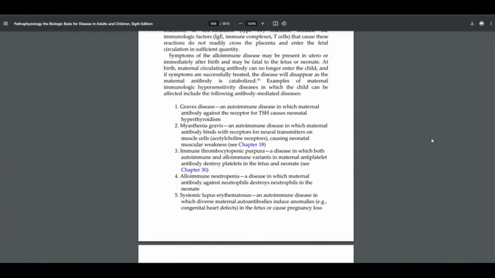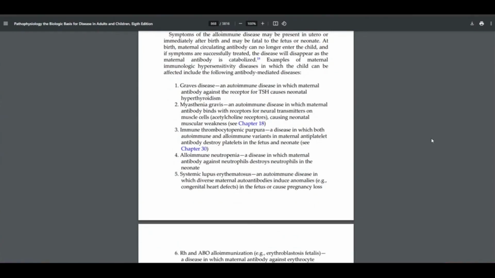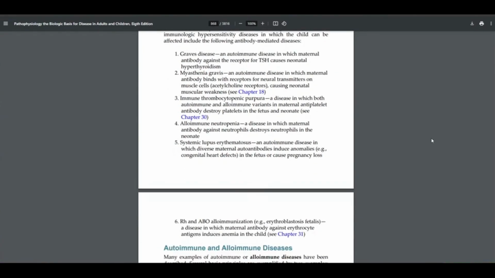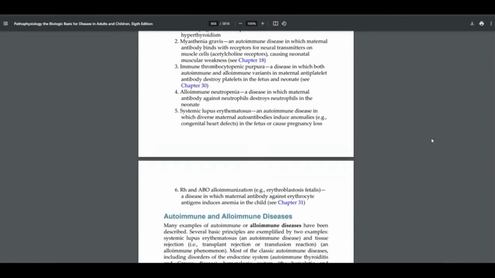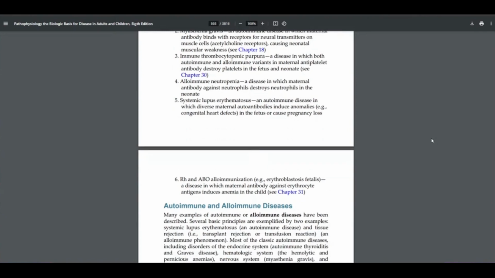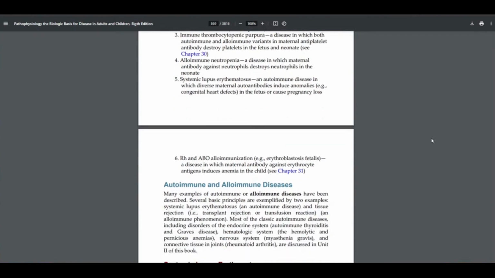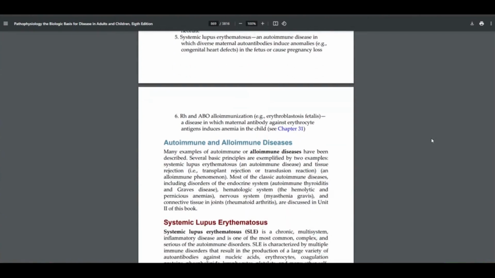Examples of maternal immunologic hypersensitivity diseases in which the child can be affected include the following: Graves' disease, myasthenia gravis, immune thrombocytopenic purpura, alloimmune neutropenia, systemic lupus erythematosus, and Rh and ABO alloimmunization.